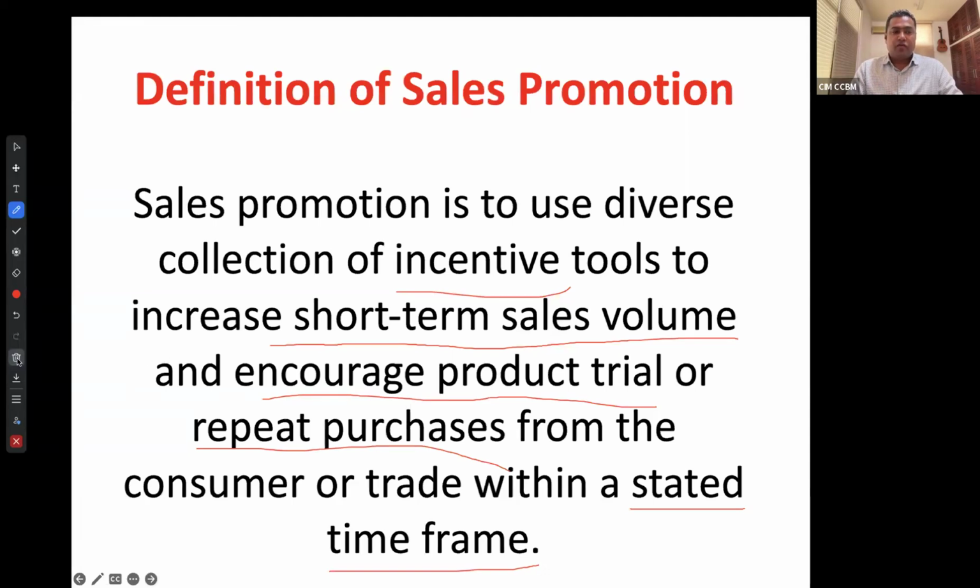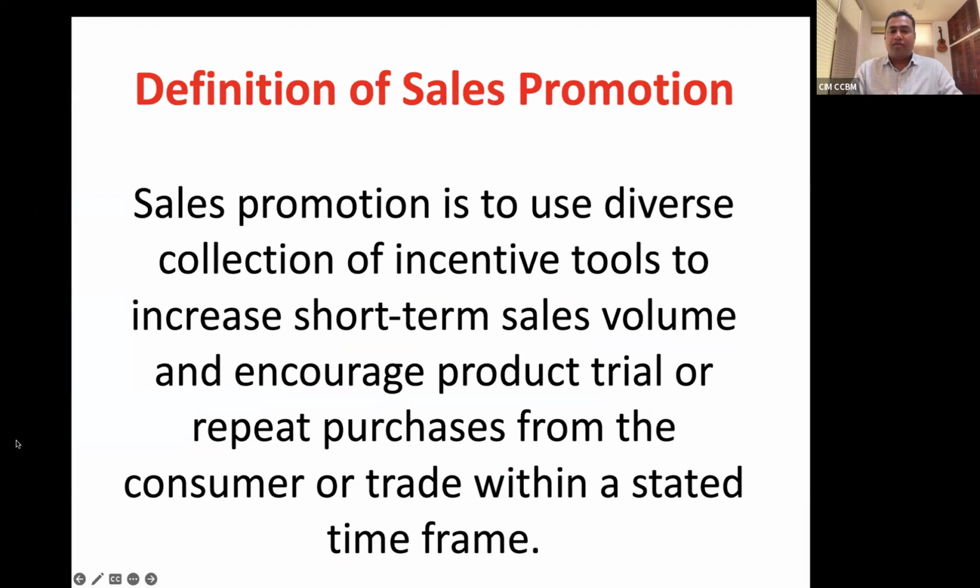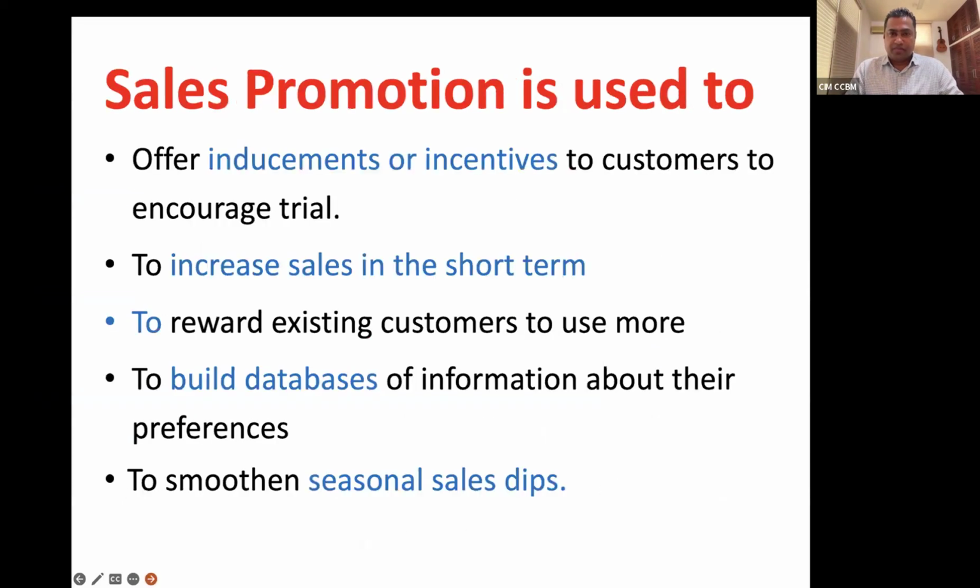Obviously, if you do sales promotion too often, then people won't come and buy because they know there is no special offer; it is offered all the time. So you need to be careful when handling a sales promotion. What are the objectives of sales promotions?